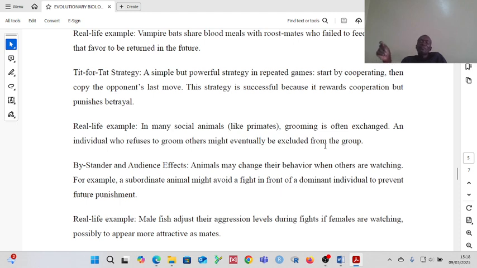So if the female fish were not watching, the male fish would have fought more aggressively. But so that they can appear to be not having a very high level of aggression, they adjust the aggression level ili waweze attract the females during mating.